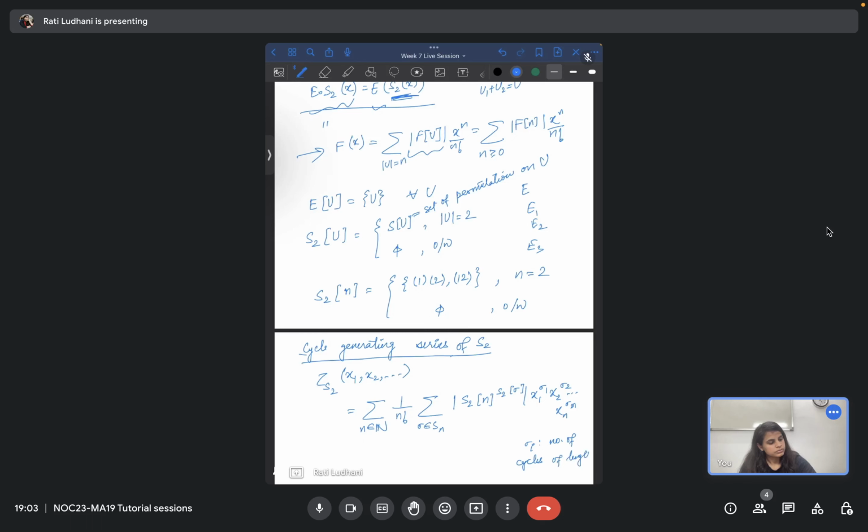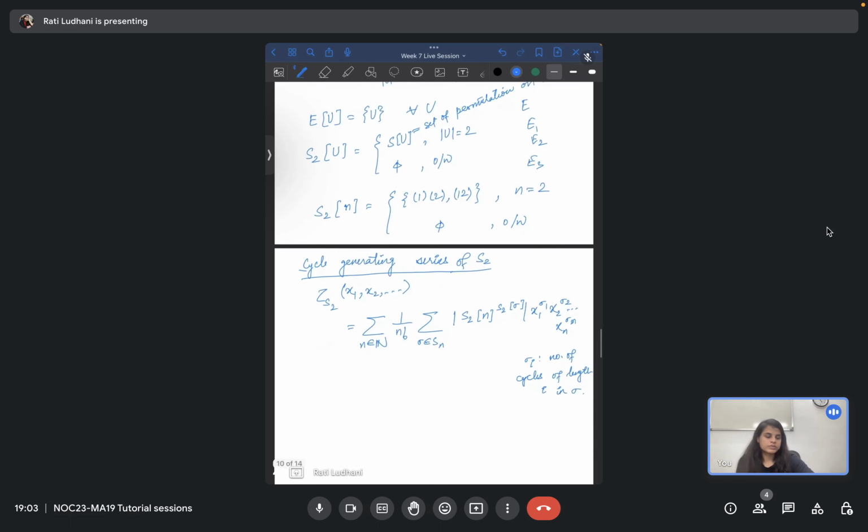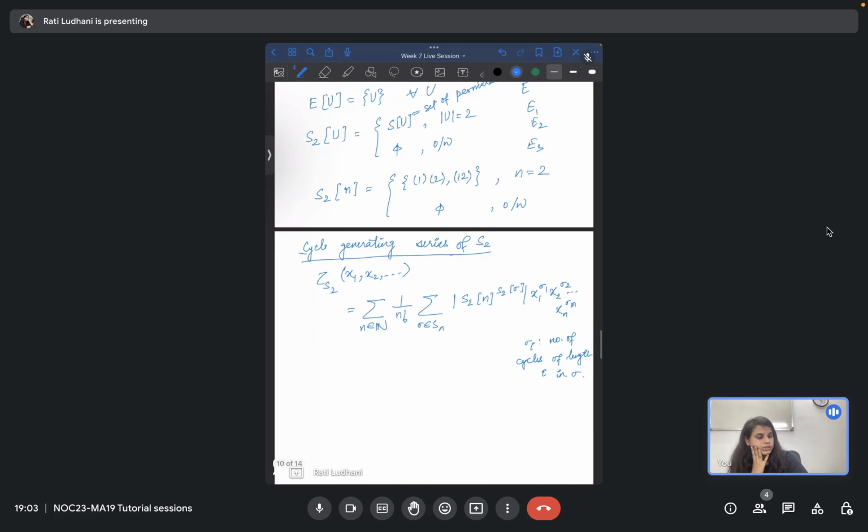The number of cycles of length i in sigma. So you take sigma belonging to S_n. You can always write it in the form of cycles, and so it's just the count of the number of cycles of length i in sigma. Okay, so let's try to see. Firstly, you know that S2 of n is non-zero only when n is equal to 2.